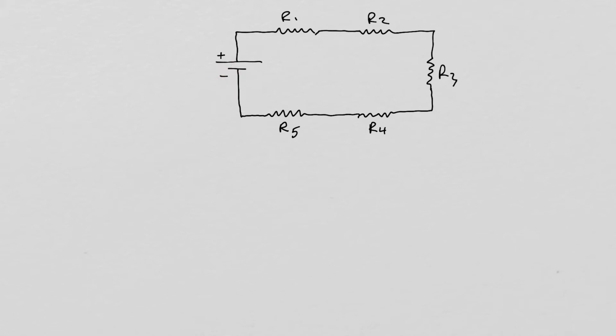So then if I start going around the circuit in a clockwise direction, passing through the resistors in order, R1, R2, R3, R4, and R5, the potential difference between the 2 ends of the first resistor will be non-zero. And this is because this resistor has a certain amount of resistance and a certain current passes through that resistor.